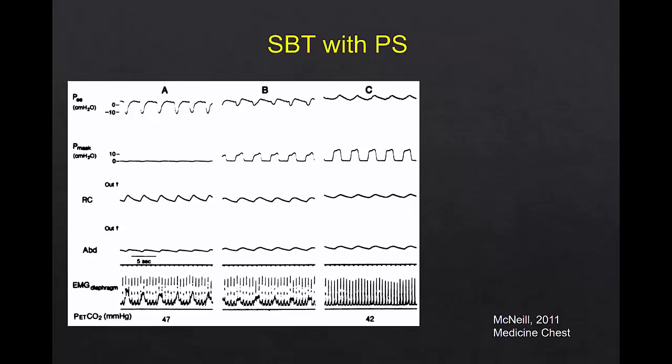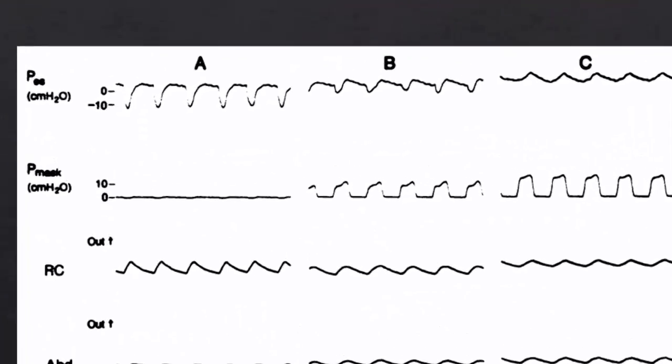Here's a very nice demonstration of work of breathing by McNeil in 2011 with a patient on spontaneous breathing with varying levels of pressure support. As you can see, as the pressure support goes from 0 to 10 to 20, the esophageal pressure starts at -10, showing a large effort with large negative intrathoracic pressure swing.